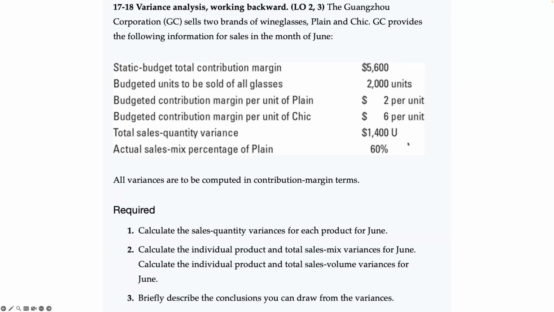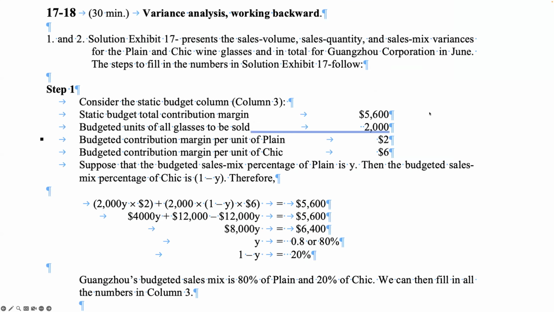So what we can do here, take a look at this. The static budget contribution is 5,600, and the budgeted units of all glasses to be sold is 2,000, right? So right away, my total contribution margin would be 5,600.